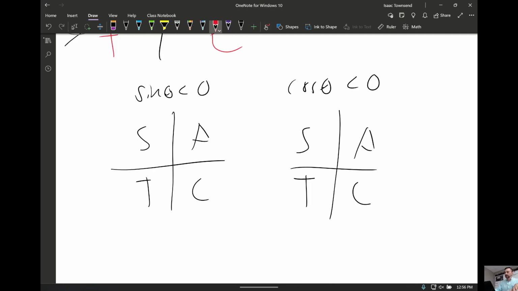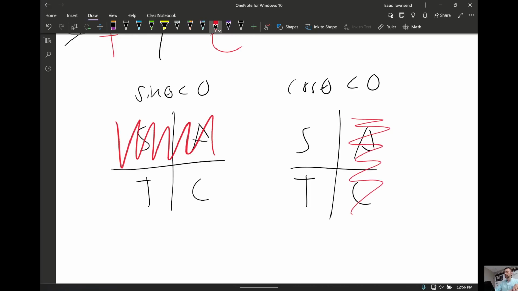Well, it's positive in these 2, so it's only negative in those 2, so 1 and 2 can't be my answer. It has to be 3 or 4. And cosine's negative, well, it's positive in 1 and 4, so it has to be 2 and 3. So if this is true in 3 and 4, and this is true in 2 and 3, the only quadrant that both of those are true is 3. So that visual sometimes helps. But with your little checks and stuff, you're basically doing the same thing.